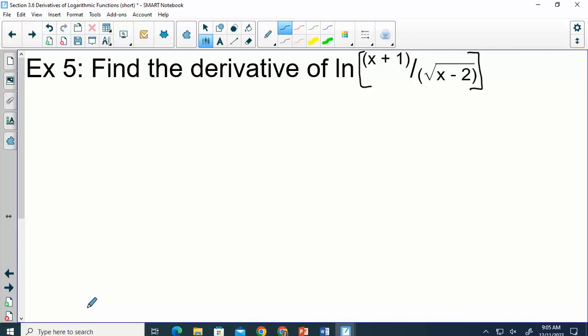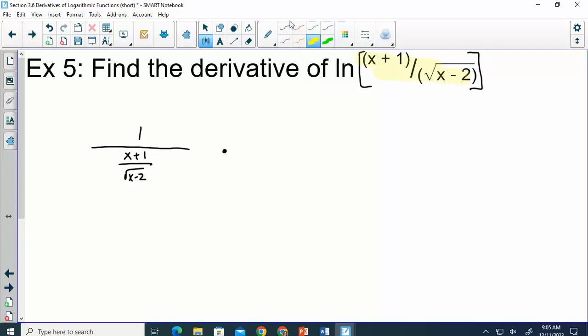So, derivative of a natural log is 1 over the argument, which is this thing, times, we have to do chain rule, so derivative of the inside.